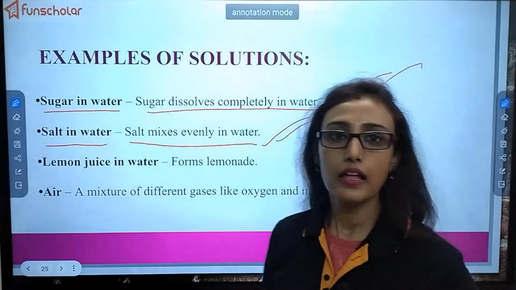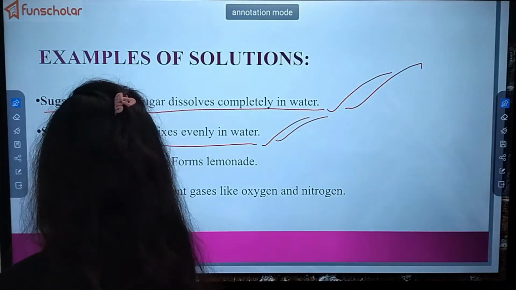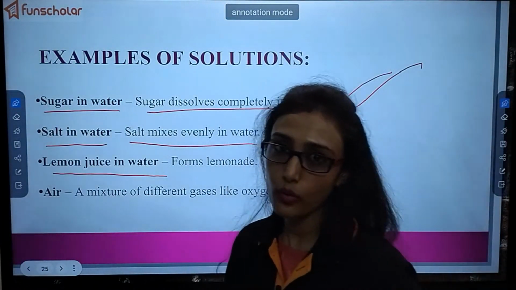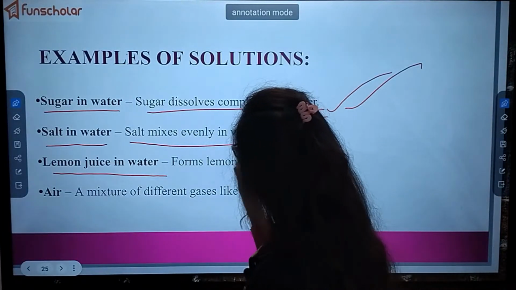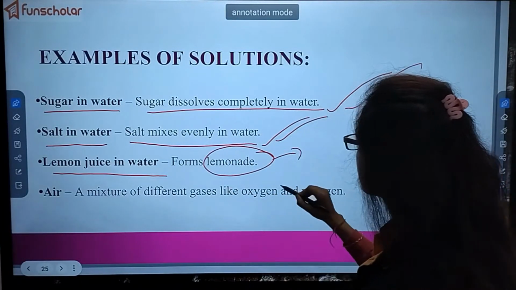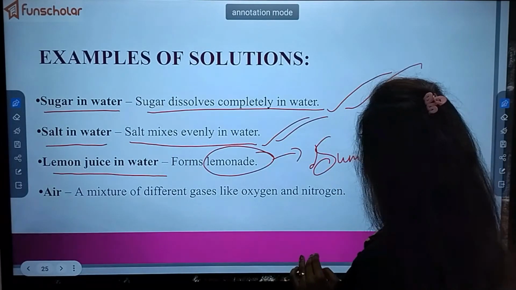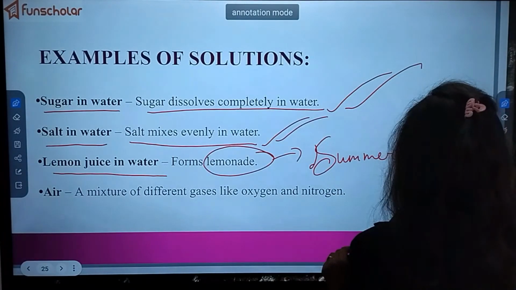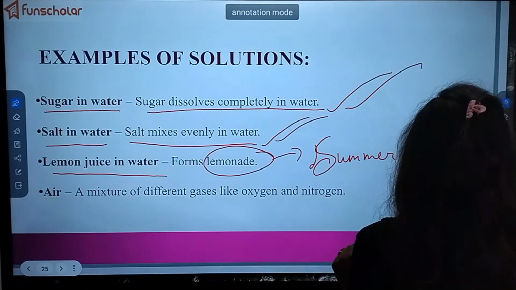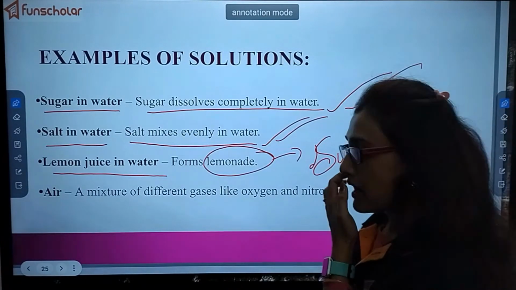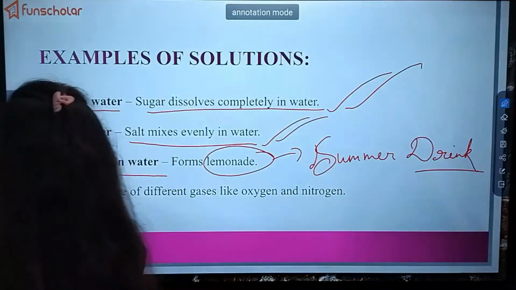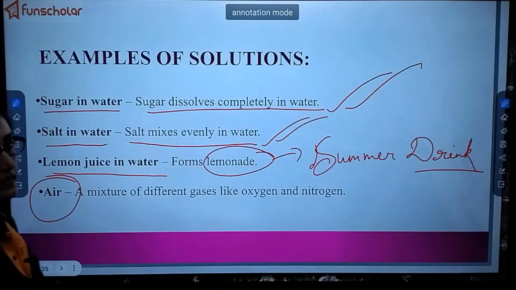It will. Lemon juice, this also you have seen at your home and forms what? Lemonade, which is a summer drink. Okay?